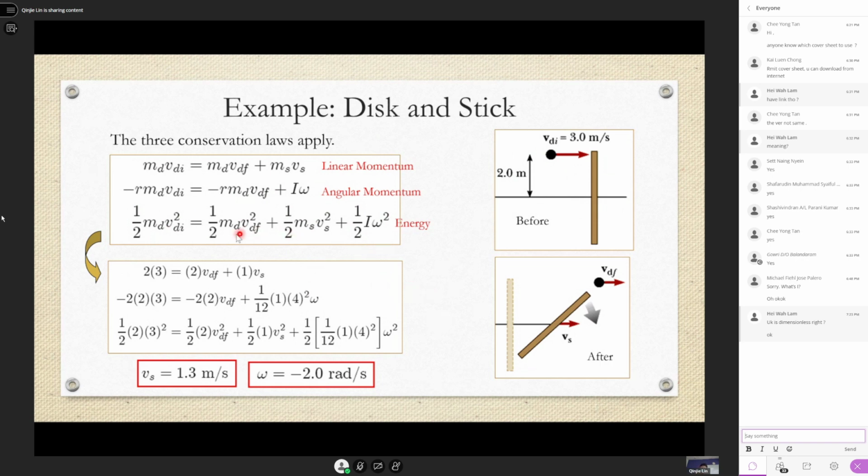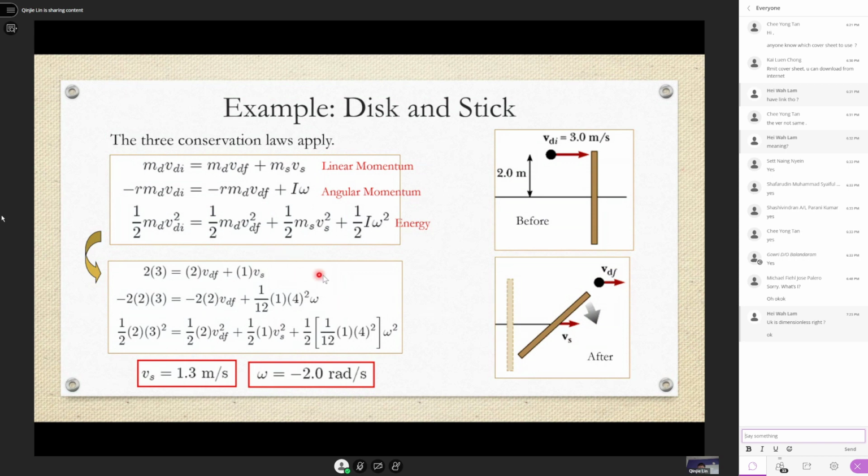So you see, if you write out all these, you will have three equations. If you put the values inside, you see how many equations you have and how many unknowns you have. If your unknowns equal the number of equations, you know you can confirm solve.